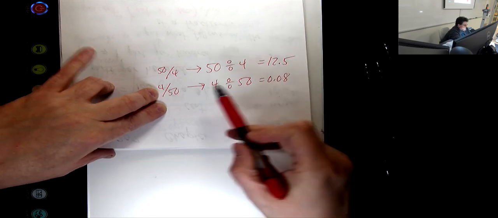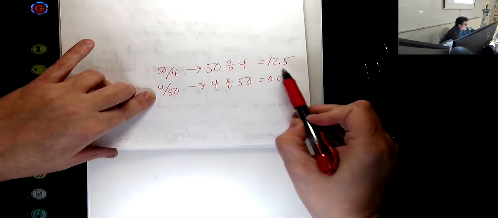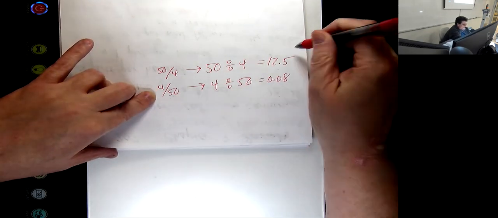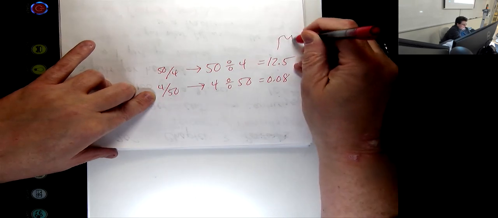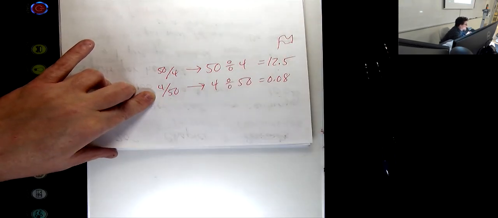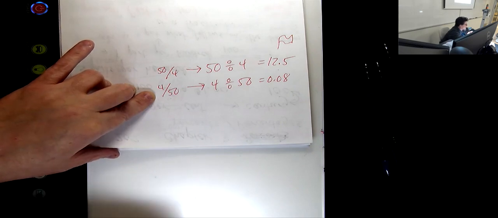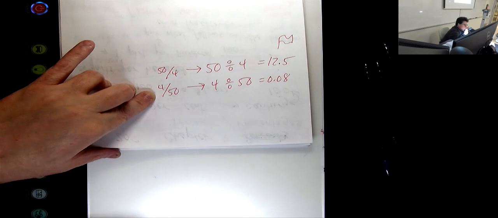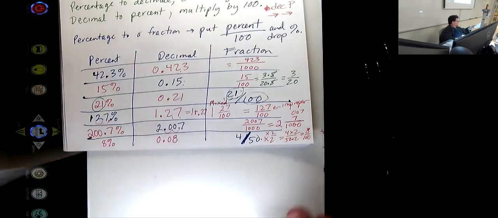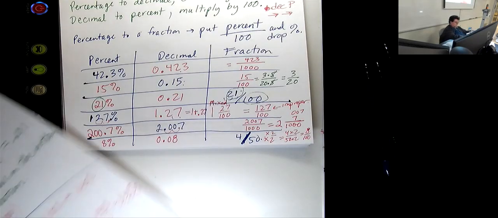Which means if you did 4 divided by 50 and got 12.5, treat that as a red flag. I should not have a number that's bigger than 1, especially if you converted it to a percent. Which I did not, because of what I had, I was like, wait a minute.